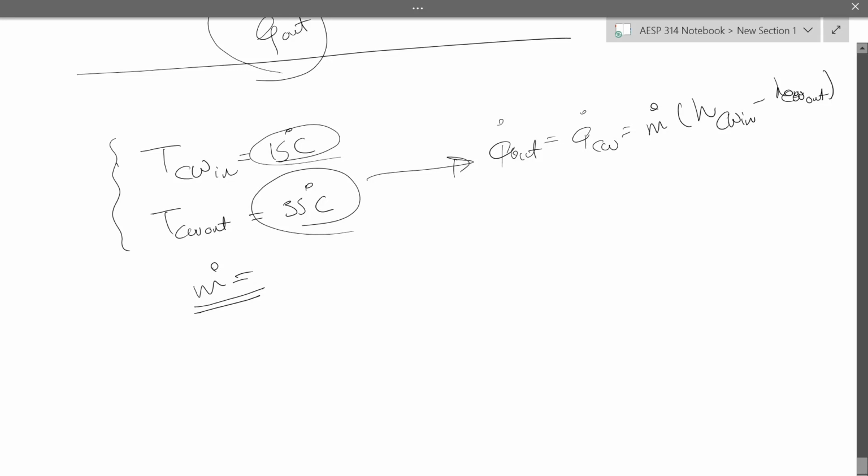If we assume that C doesn't change with temperature, which is the assumption we usually make, it is m dot C, T cold water in minus T cold water out. And again, this is just a sign convention. Make sure you are consistent with the signs.